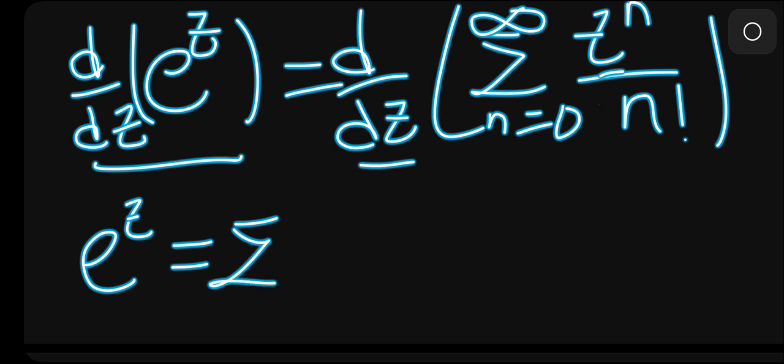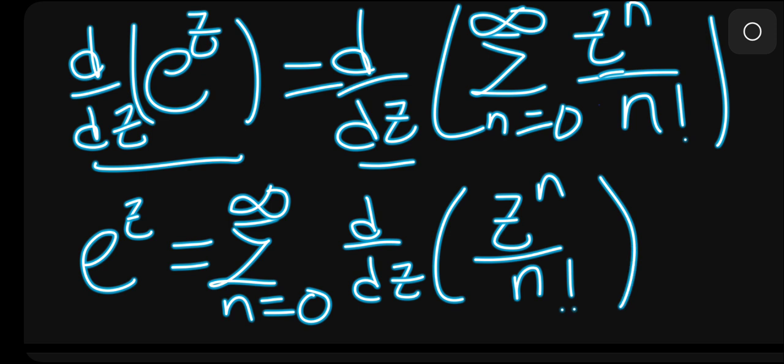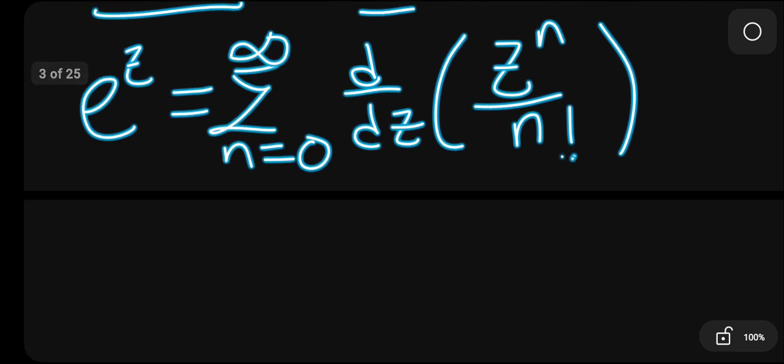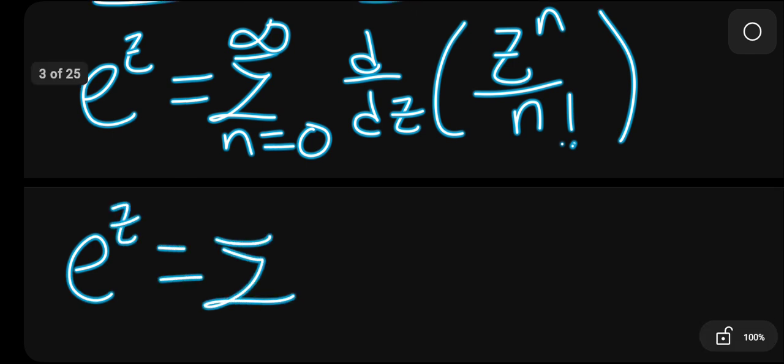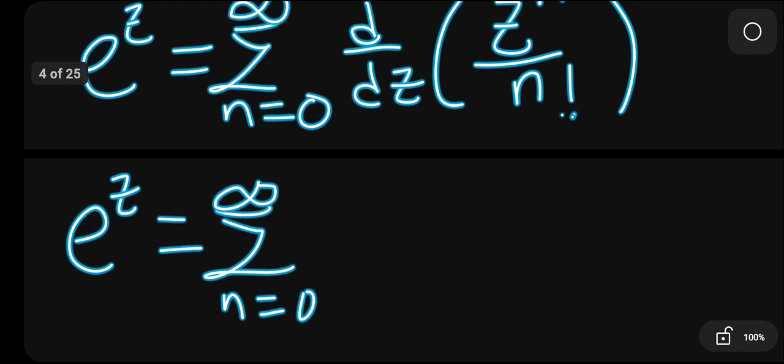So now the sum from n equals 0 all the way to infinite d/dz of z power n on n factorial is actually going to be e power z is equal to the sum from n equals 0 all the way to infinite.